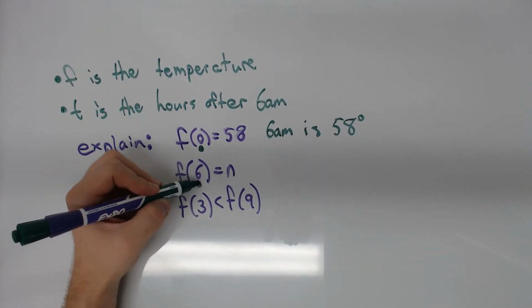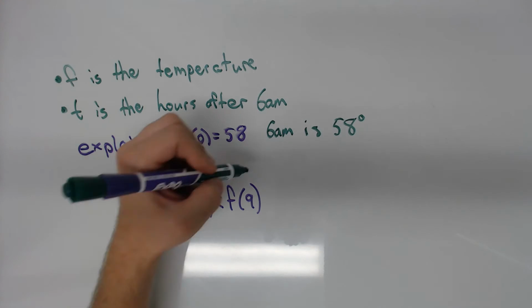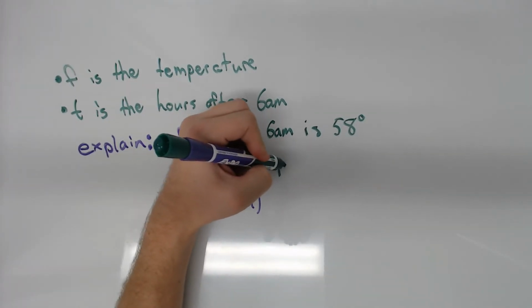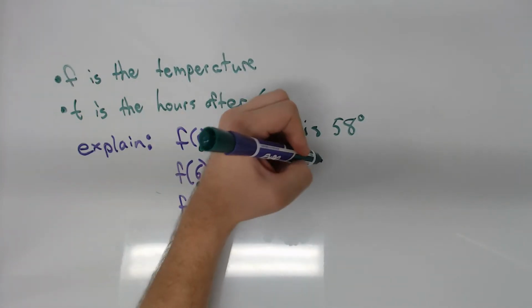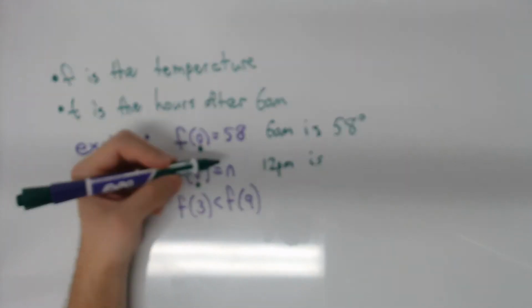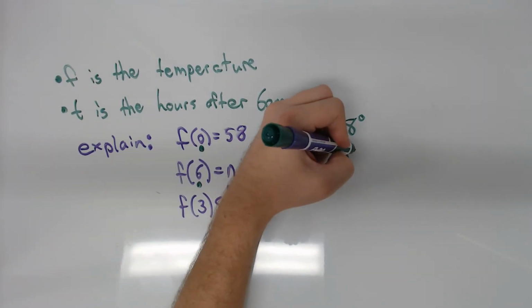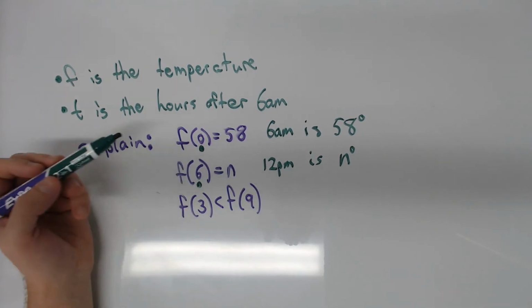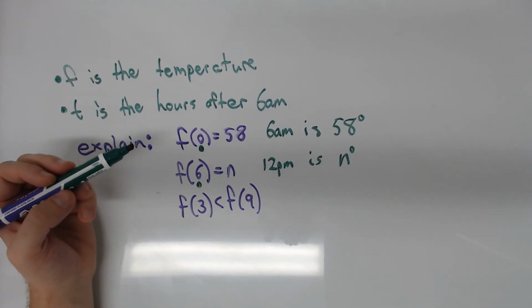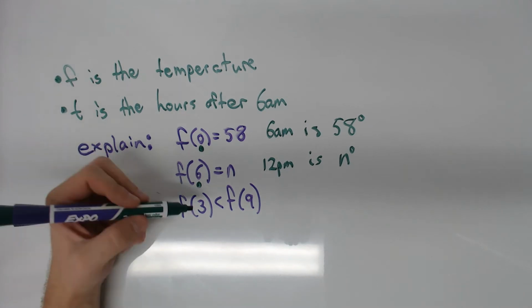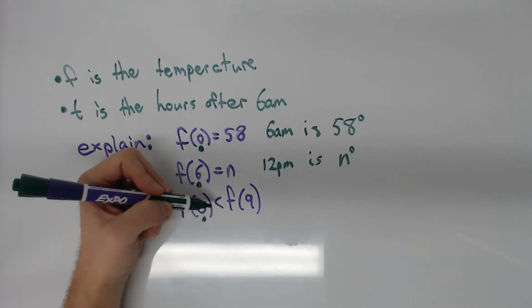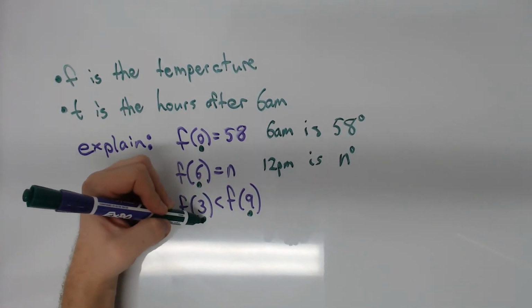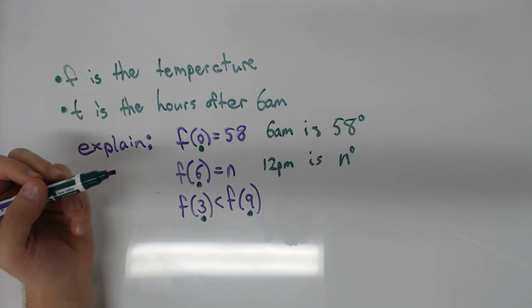Next one, 6 hours after 6 a.m., that's 12 p.m. or noon. And they don't tell us the degrees. They say N. Okay, but that's all right. If that's the output and they just give us a variable, we just have to read it with the variable. Here, neither of them are outputs. It's just comparing based on inputs.